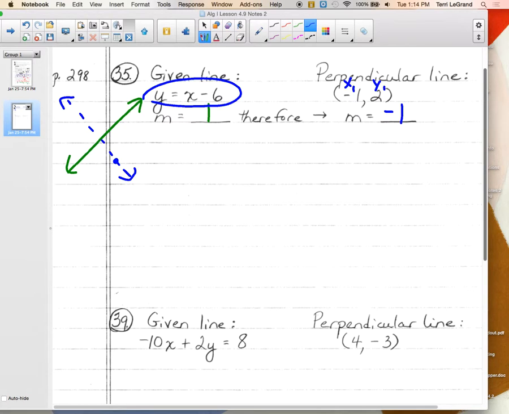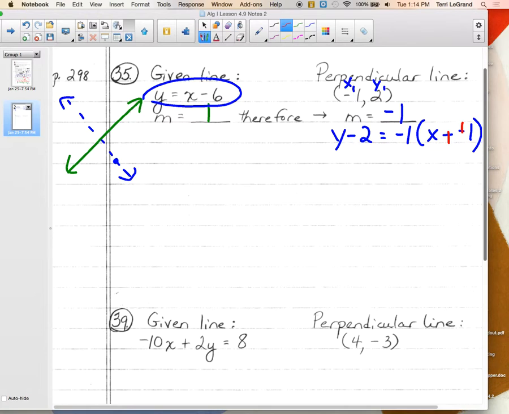So just like yesterday, y take away what? Minus 2. So y minus 2 equals negative 1 times x minus negative 1. Exactly. So we'll change that to add the opposite before we do our distributive property.